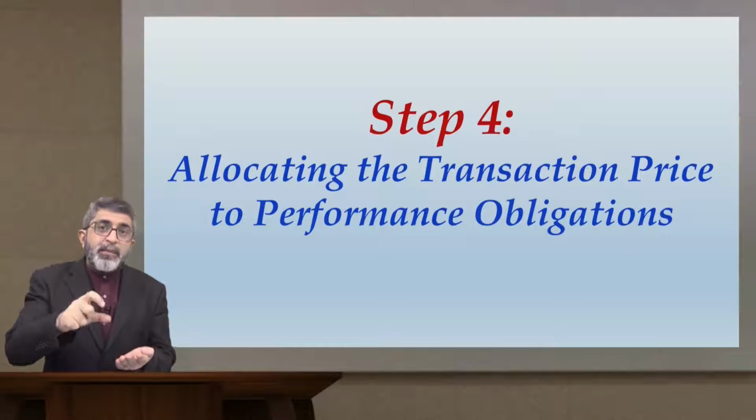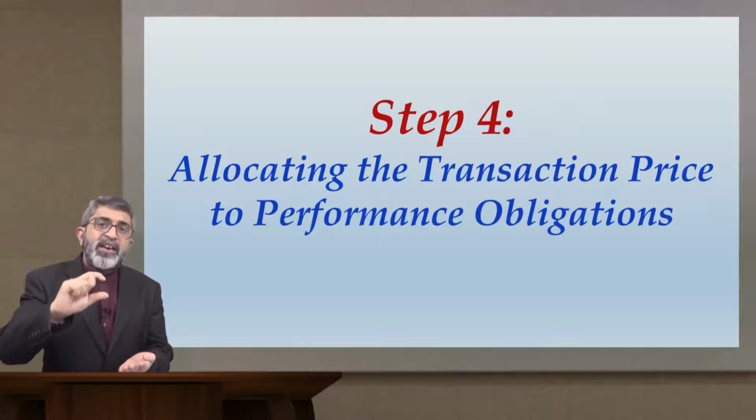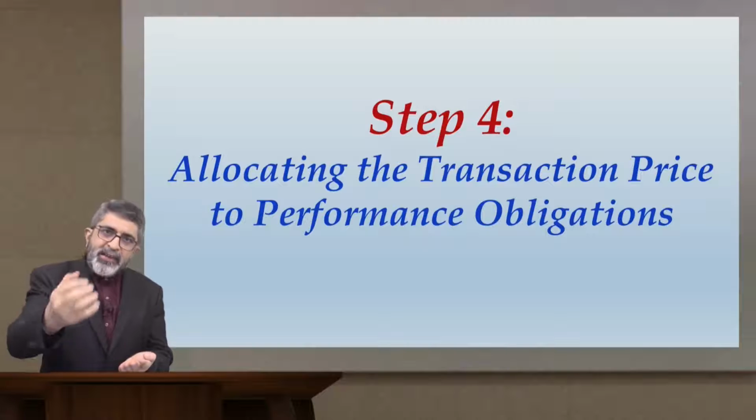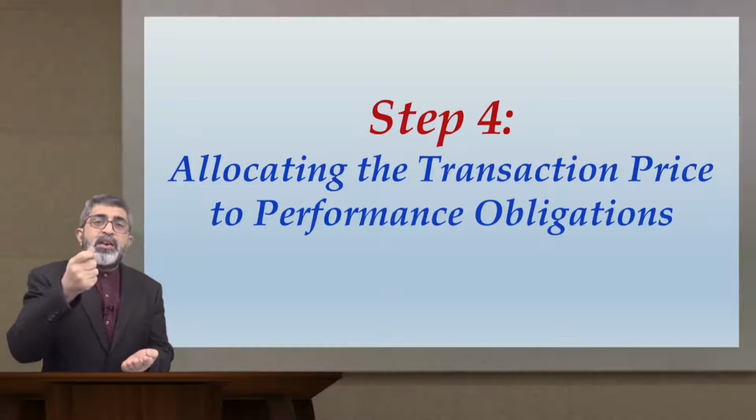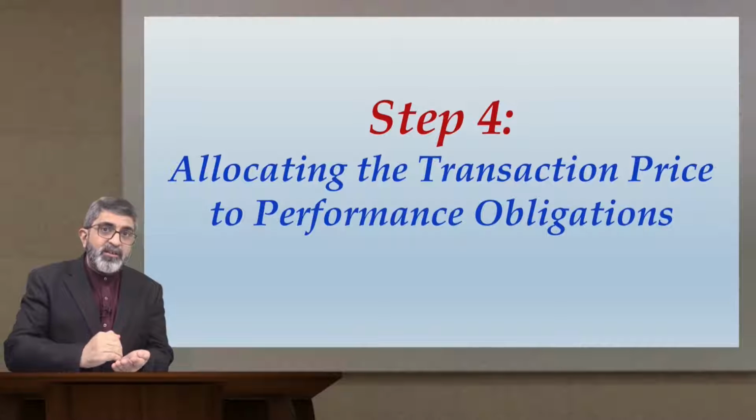Suppose B gets completed first, then the revenue pertaining to B can be recognized. Then C gets completed, then revenue pertaining to C will be recognized.